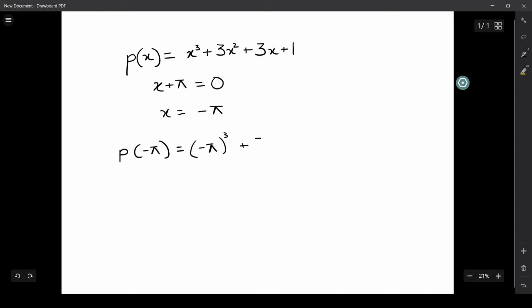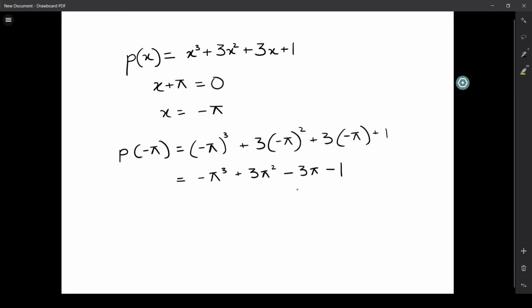This gives me minus pi whole cube plus 3 into pi square plus 3 into minus pi plus 1, which gives minus pi cube plus 3 pi square minus 3 pi plus 1.